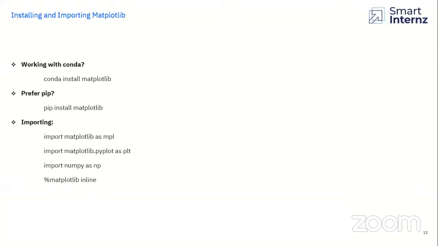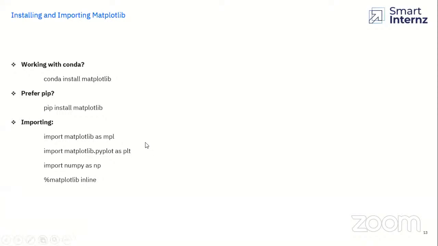Now it comes to installing and importing matplotlib. When it comes to installing matplotlib, we have different commands, like conda install matplotlib if we are using Anaconda or Miniconda. Otherwise, we can use the pip command also, pip install matplotlib.